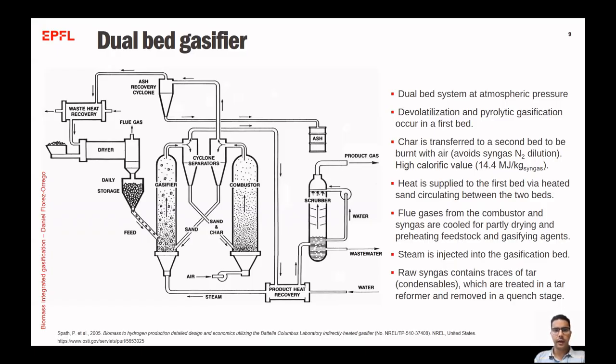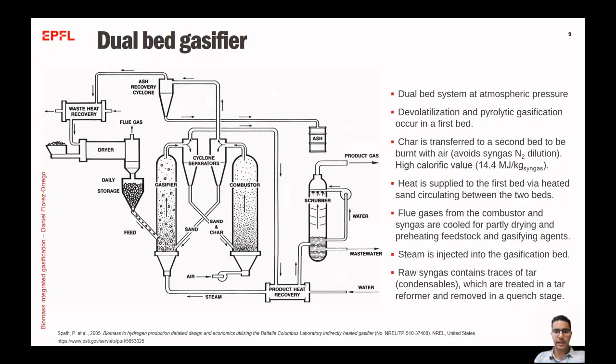This system is well known because it allows a fast recirculation and a higher yield of carbon monoxide. It's also recognized because it's a dual bed system operating at atmospheric pressure.